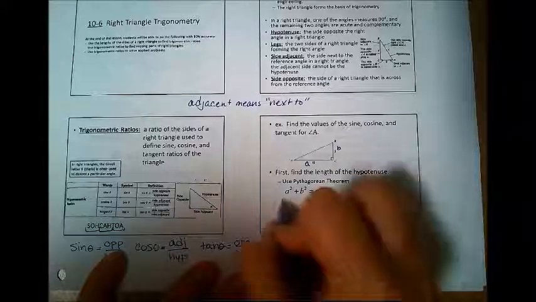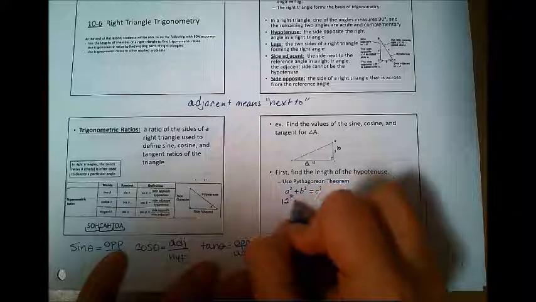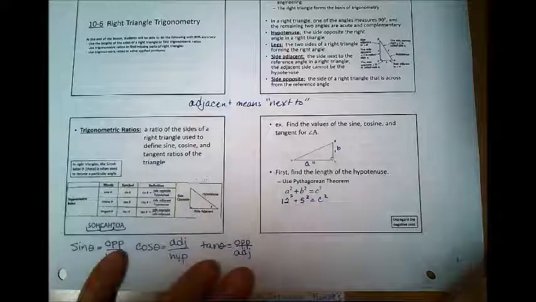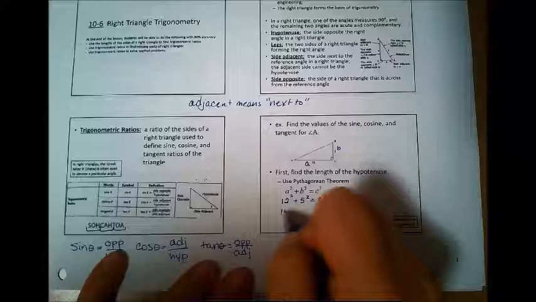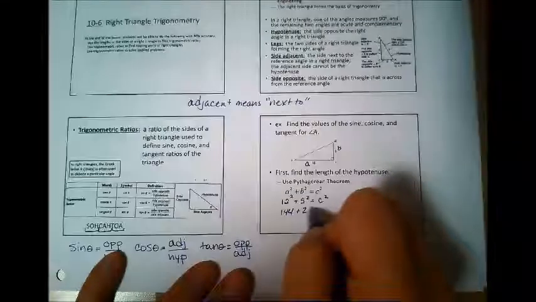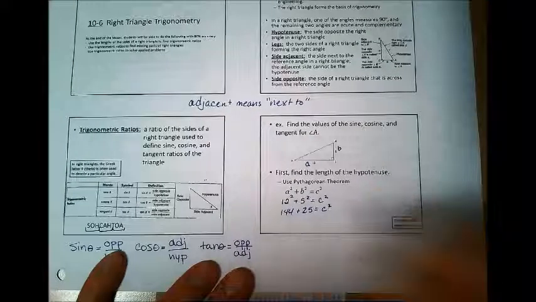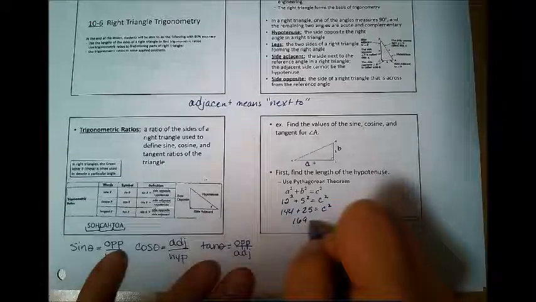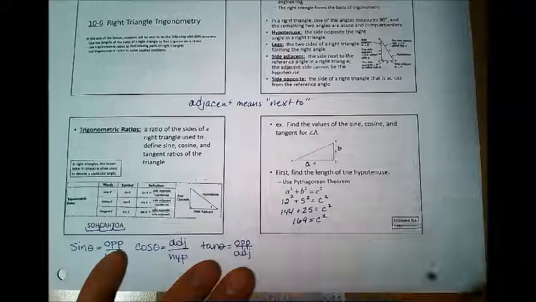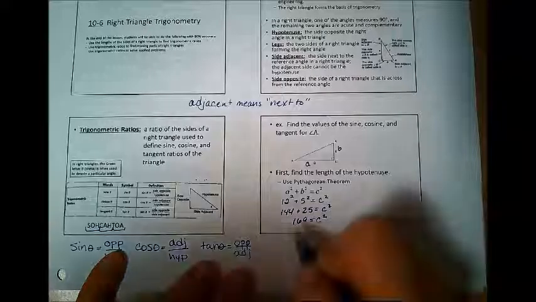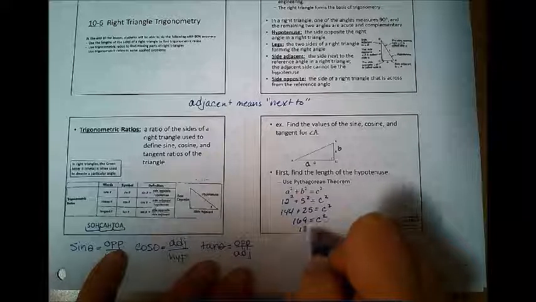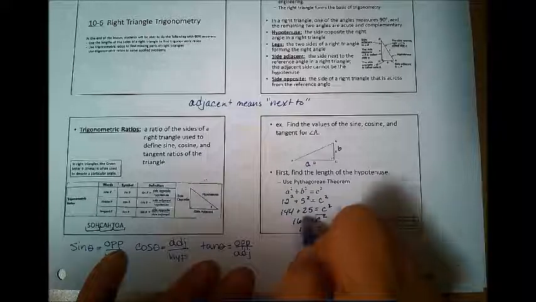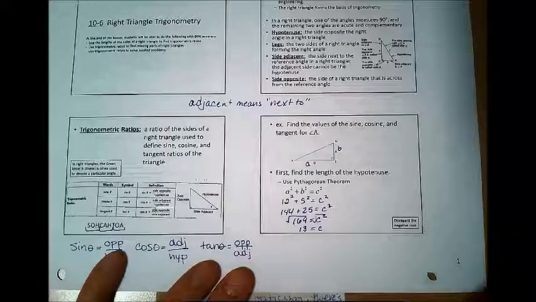So we have 12 squared plus 5 squared equals c squared. 12 squared is 144. 5 squared is 25. 144 plus 25 is 169. If you take the square root of both sides, you get 13 equals c, because the square root will cancel out the squared, and the square root of 169 is 13.